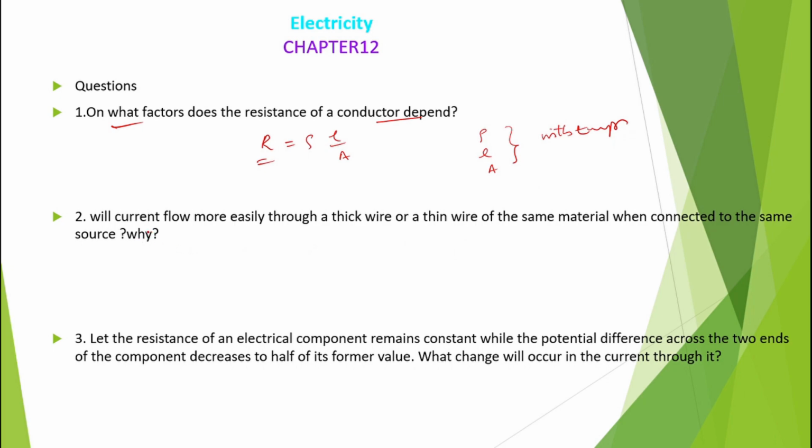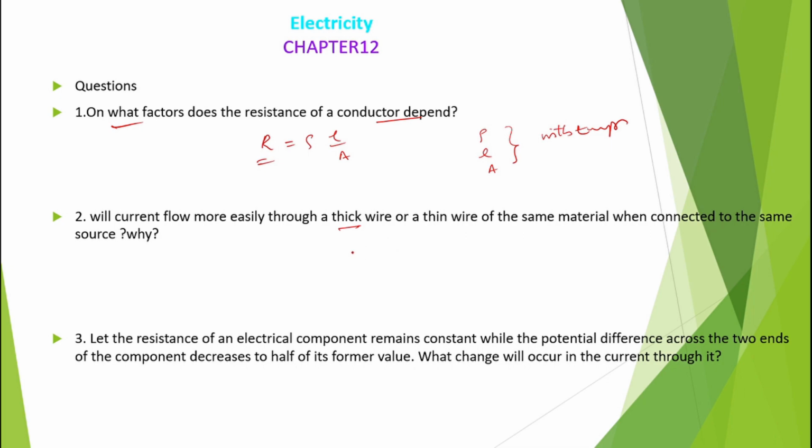Will current flow more easily through a thick wire or a thin wire of the same material when connected to the same source? Why? The current flows more easily through a thick wire than through a thin wire because the resistance of the thick wire is less than that of the thin wire.